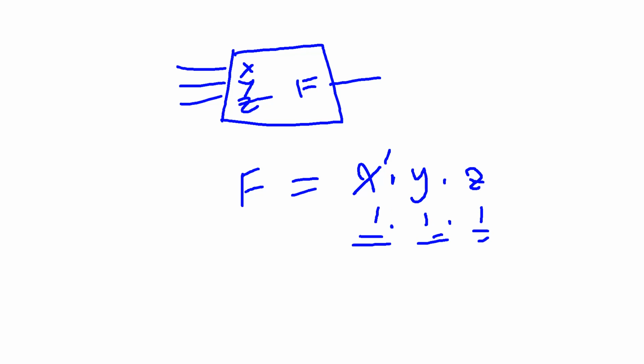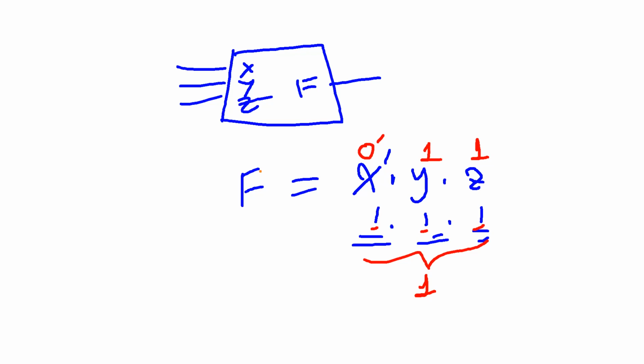So when z is 1, when y is 1, and when x is 0, because of the invert here. The invert of 0 is 1, so then it becomes 1 and 1 and 1. So the result is 1, only one case.